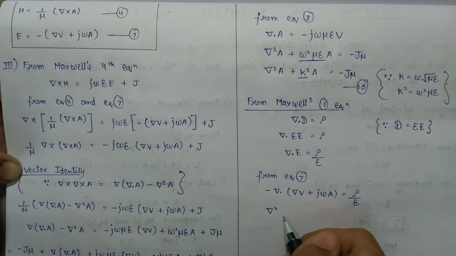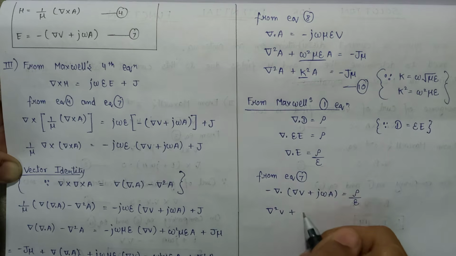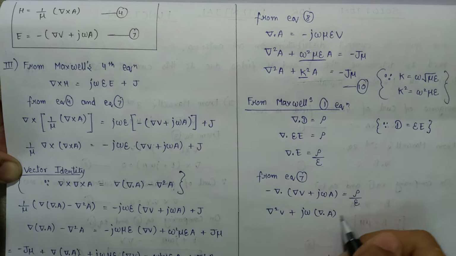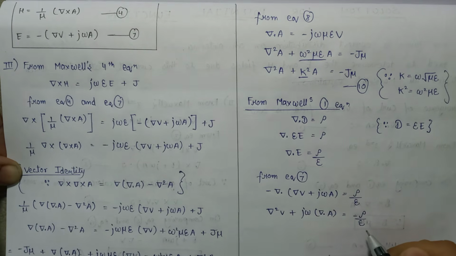So del 2 V plus j omega del dot A will be equals to minus of rho over epsilon.